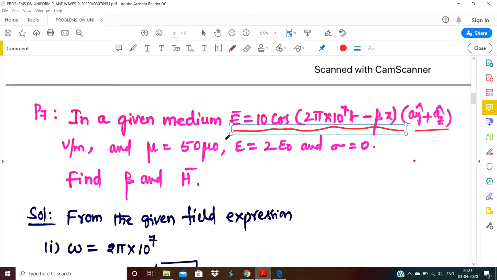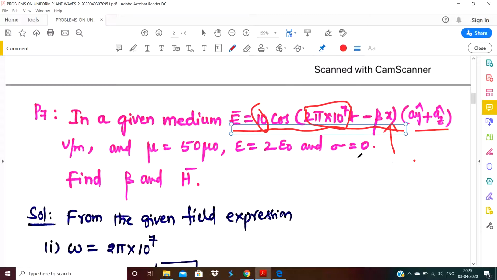From this, the magnitude of the electric field is 10, and comparing with the standard format, omega equals 2 pi into 10 power 7. The minus beta x indicates the direction of propagation, not orientation. The direction of propagation is along the x-axis.